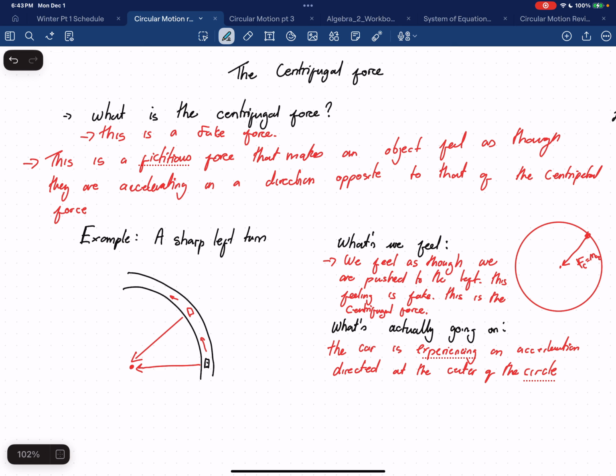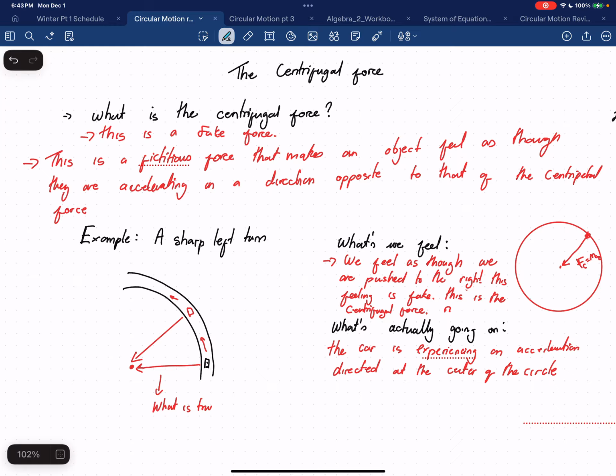Oh my God, I said left here. Sorry, we're pushed to the right because it's a left turn.